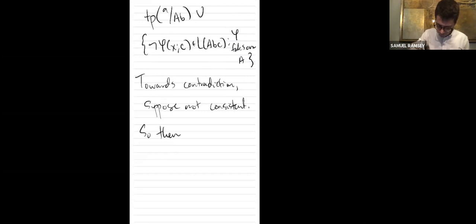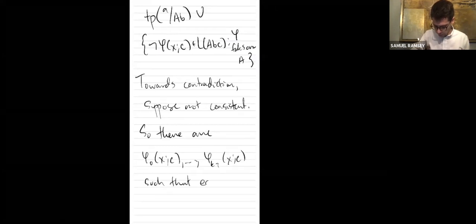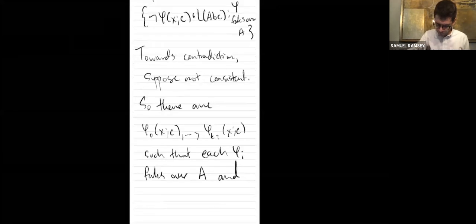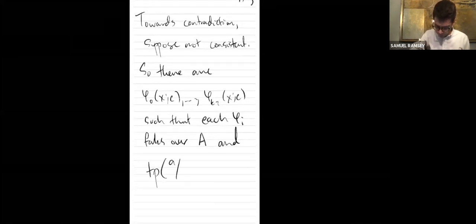So there are phi 0(x, c) through phi k minus 1(x, c), such that each phi i forks over A, and the type of A over AB implies the disjunction over i less than k of phi i(x, c).